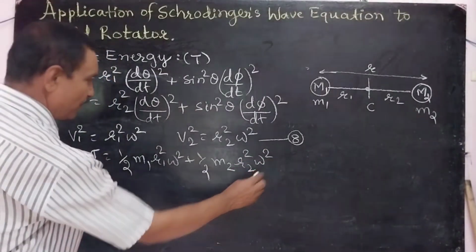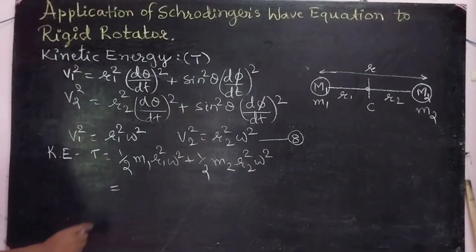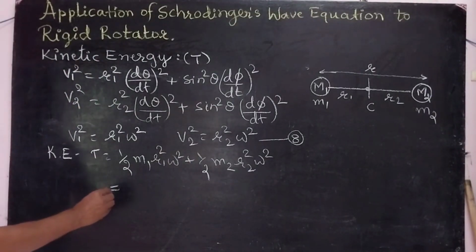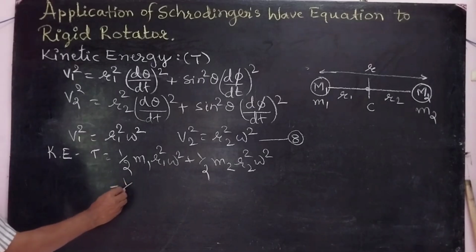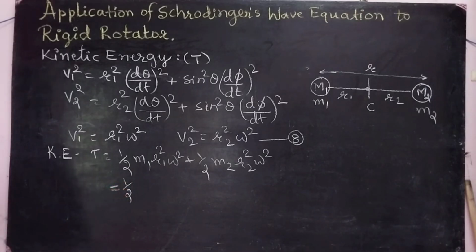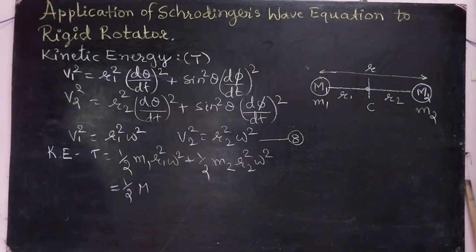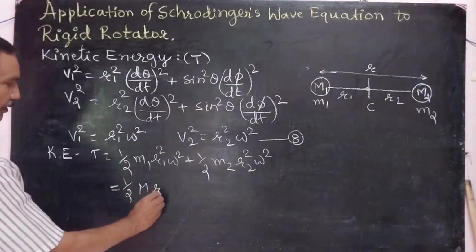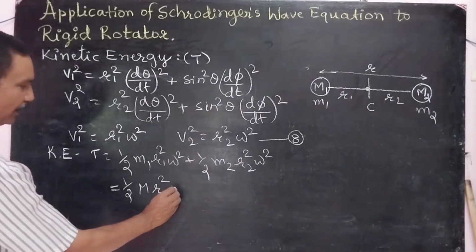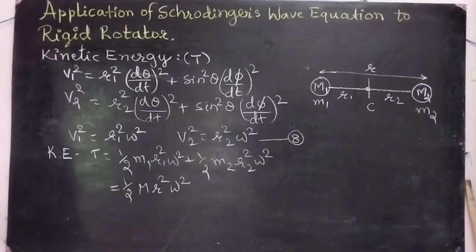Thus, if we use the reduced mass, that becomes 1 by 2 mu times the total distance r square times omega square.